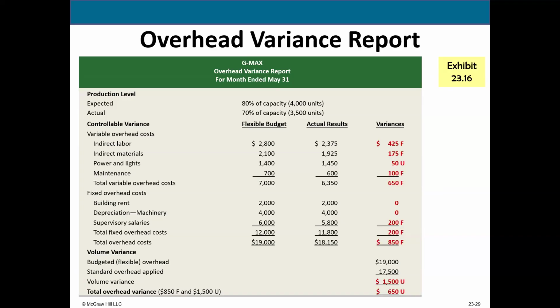So, pretty straightforward overall. It's important that we understand the differences because as a manager, you're going to need to do a deep dive into these types of variances to really understand what's causing those differences to occur.